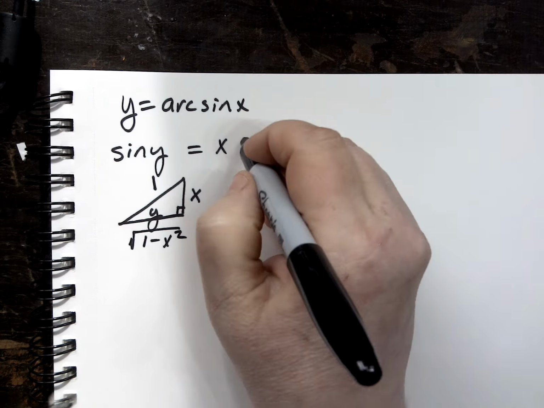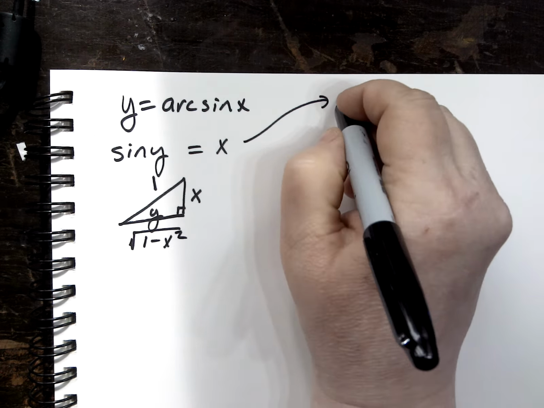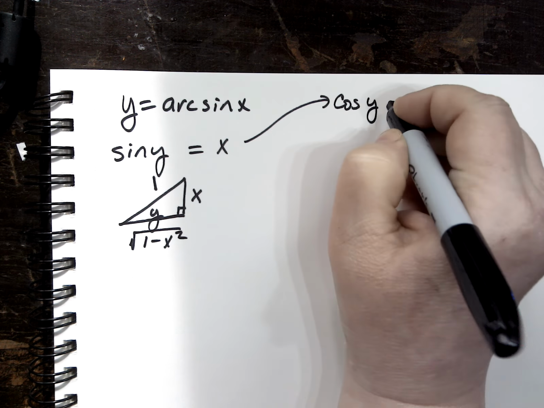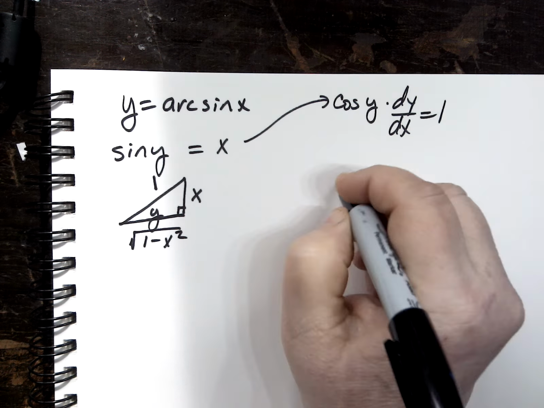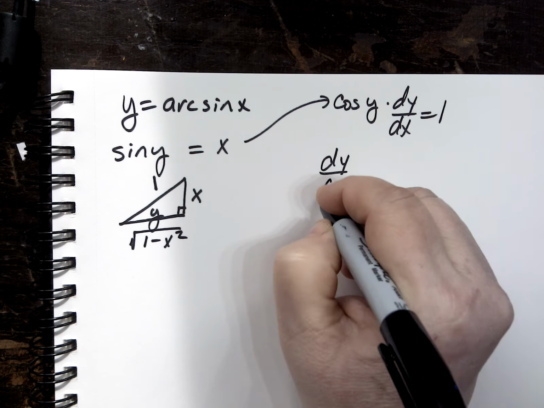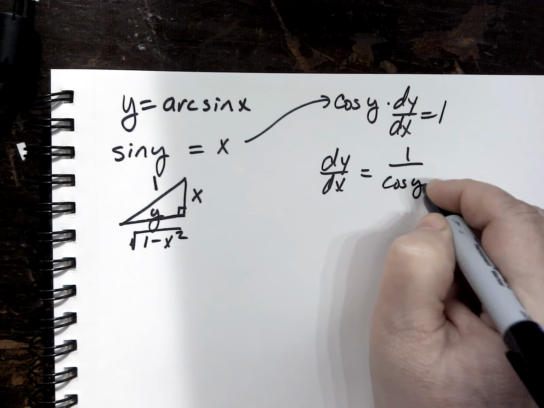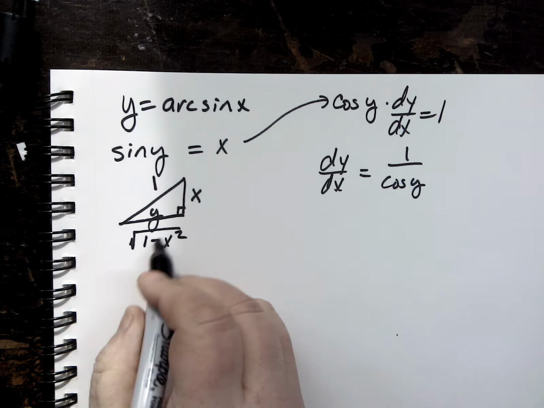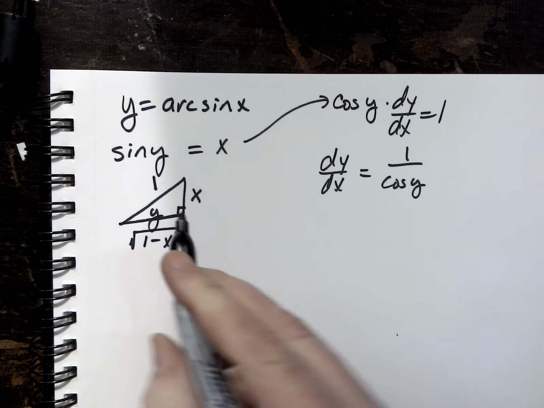So taking the derivative, the derivative of sine is cosine times dy/dx equals 1. So dy/dx is equal to 1 over cosine y, which, looking at my triangle, cosine of y is the square root of 1 minus x squared over 1.